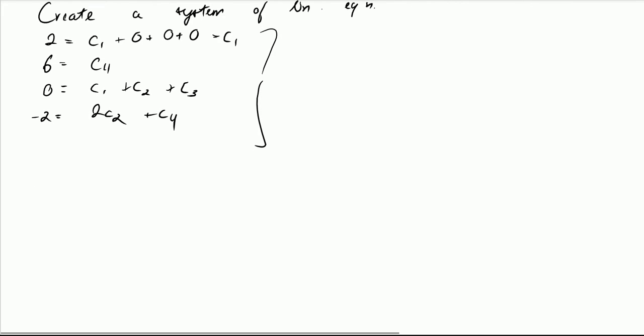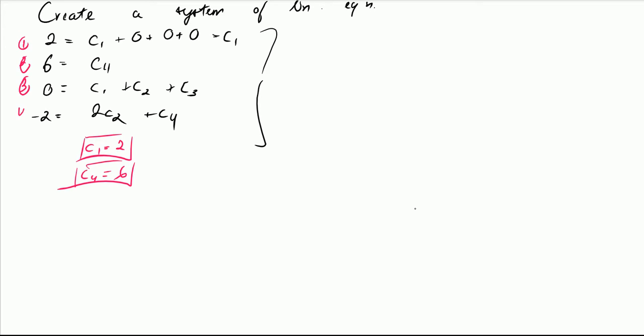So already I know that C1 is equal to 2 just by inspection, and that C4 is equal to 6 also by inspection. Let me label these equations 1, 2, 3, 4.